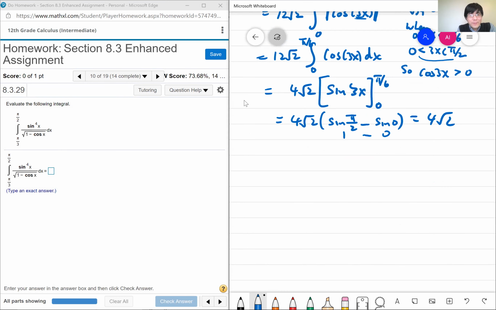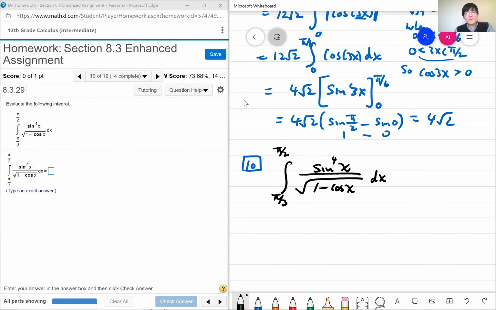Next one, number 10. Integral of kind of complicated expression, sine to the power of 4 of x over square root of 1 minus cosine x dx. So let's use the same technique.